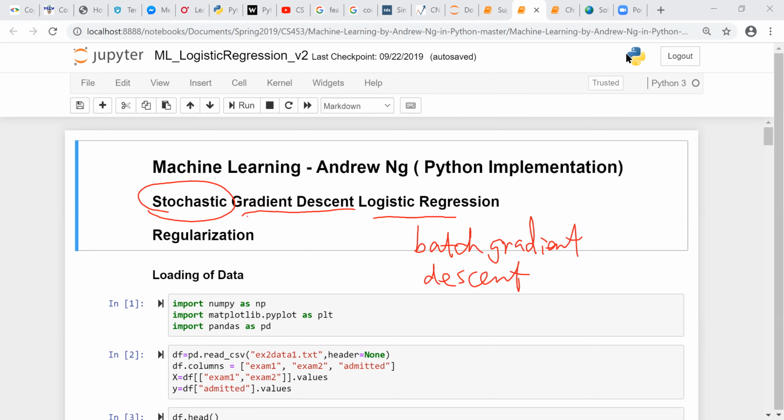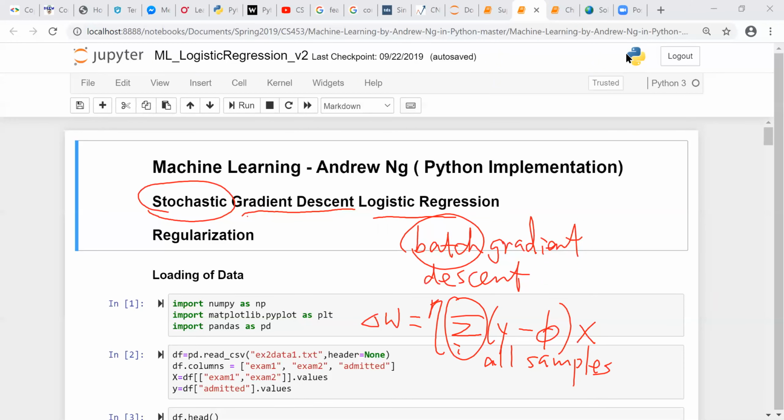Batch gradient descent uses the weight change, which depends on the learning rate times sigma, of the real Y minus the predicted Y, times the X. Over here, this sigma is over all samples.